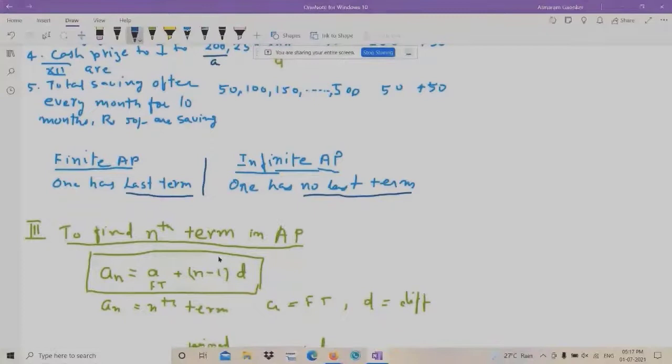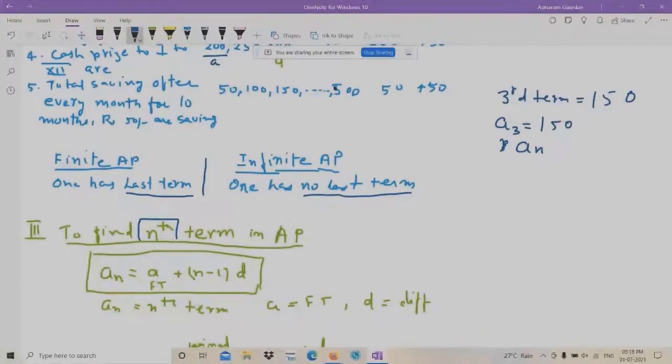So here, if you want to find the nth term, let me say in this series, total saving, the third term is equal to 150. This is the third term. So A3 is written as equal to 150. Like that, the nth term is written as an. So the term an is for the nth term, just like this is the third term.